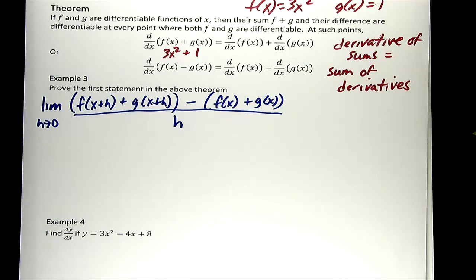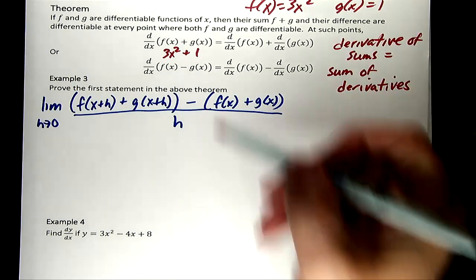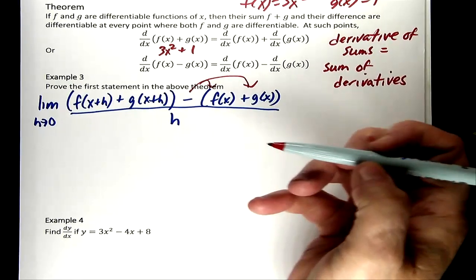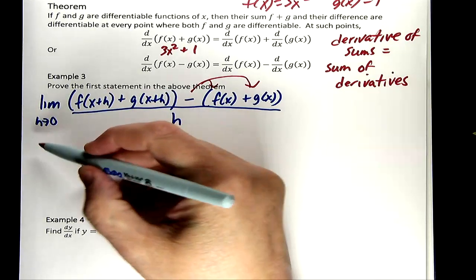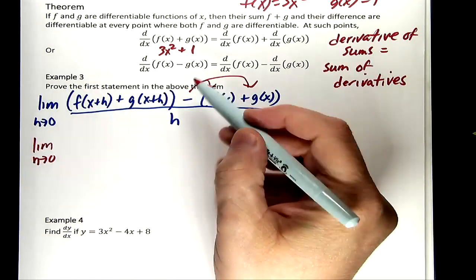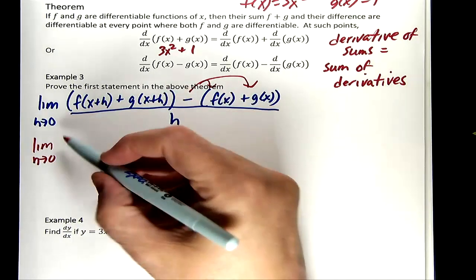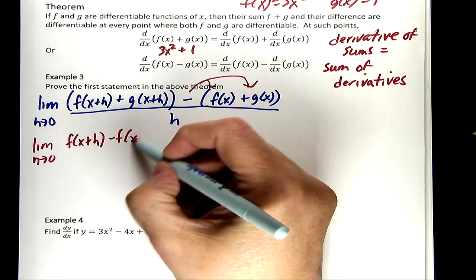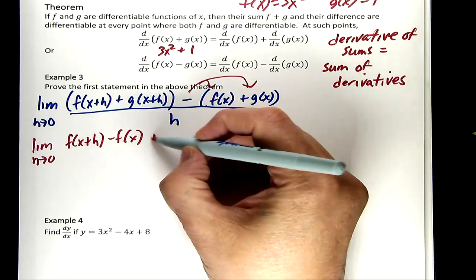All right, so we could take this minus sign and deliver it to each one of these. So I can break this up into the limit as h goes to 0. I'm going to put all the f's together and all the g's together.